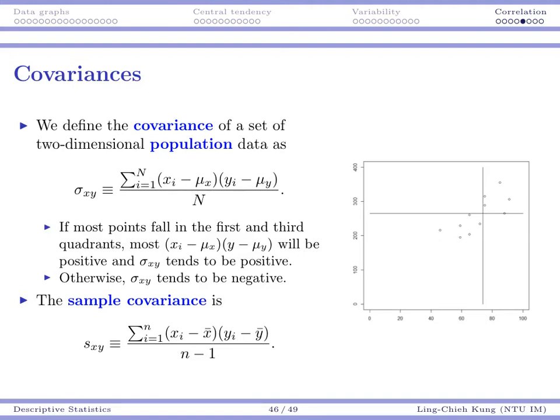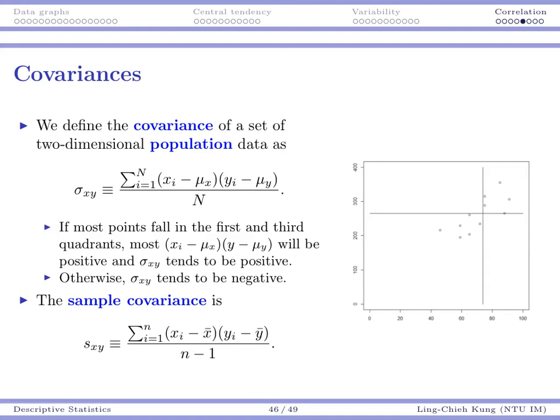At the same time, if both of them are negative, then the product of them is also positive. So whenever I have a point here or here, I get a positive product. If all the points are either here or here, then all those products will be positive, and then the sum will also be positive, and this particular covariance will just be positive.